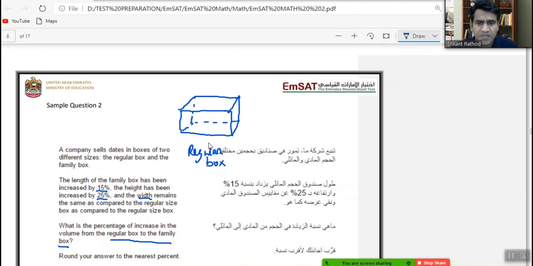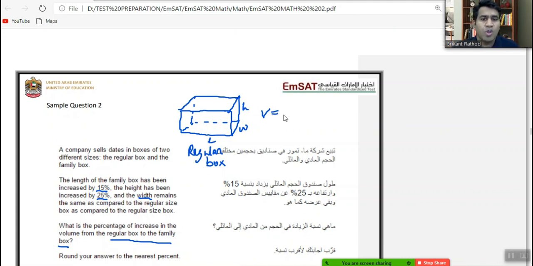If I take the length, width and height of the regular box like this, what would be the volume of the regular box, or the volume of the rectangular solid? The volume of a rectangular solid, we can say, is base area times height, or we can also say length times width times height. That is the volume of the regular box. Let me just take it as VR.